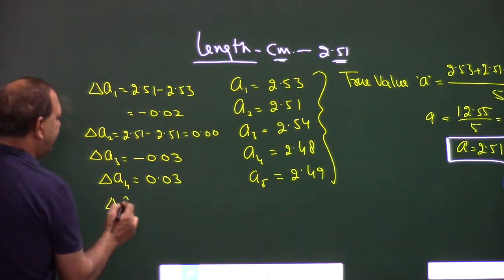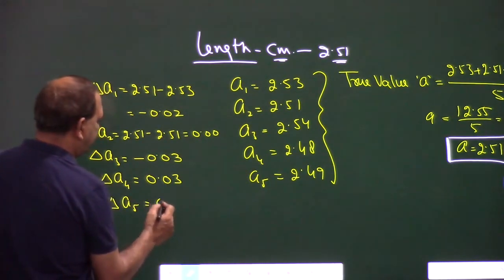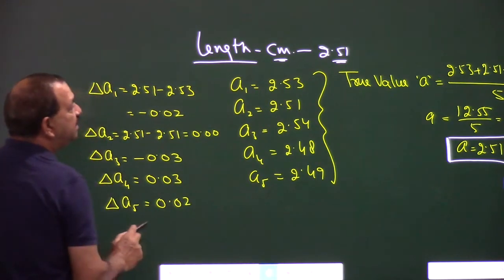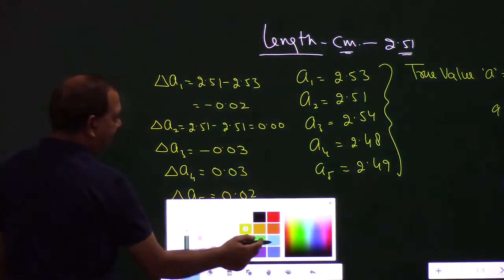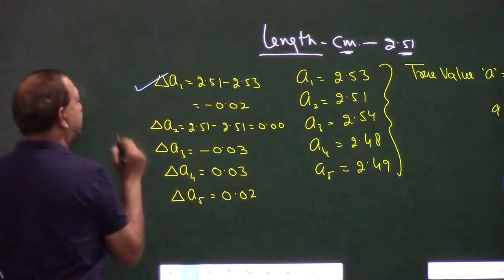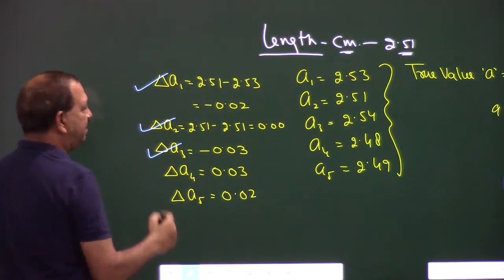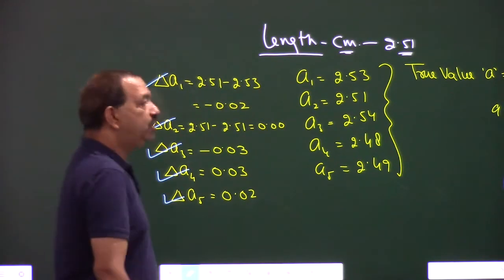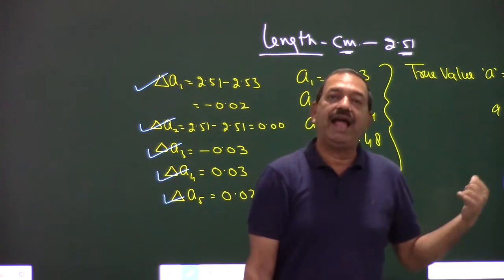And then delta A5, 2.51 minus 2.49, so 0.02. So these are the errors. This is the error in the first measurement, second measurement, third measurement, fourth measurement, and fifth measurement. So these are the errors in the particular measurements of the experiment.